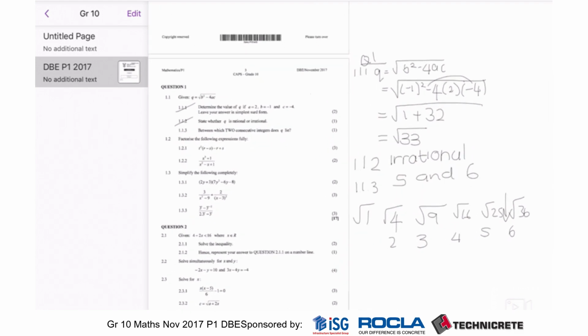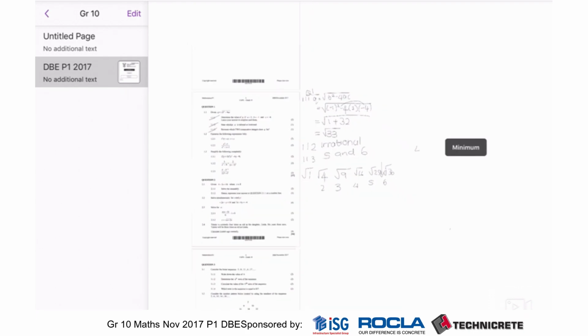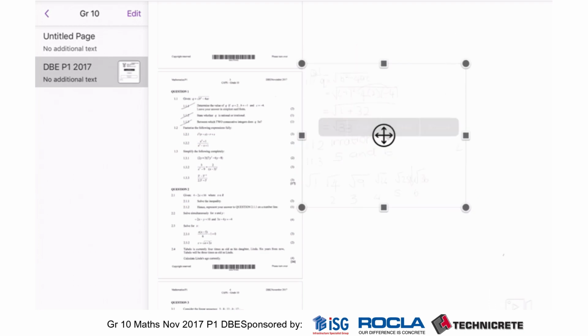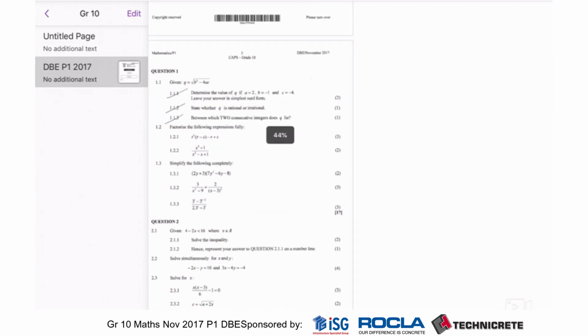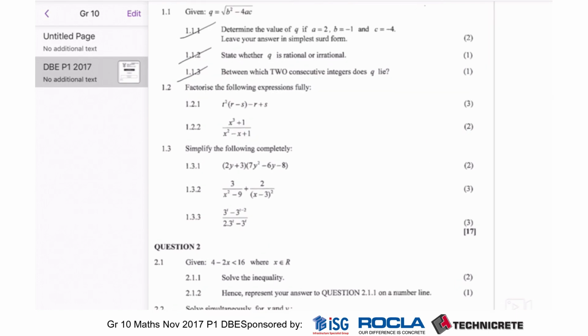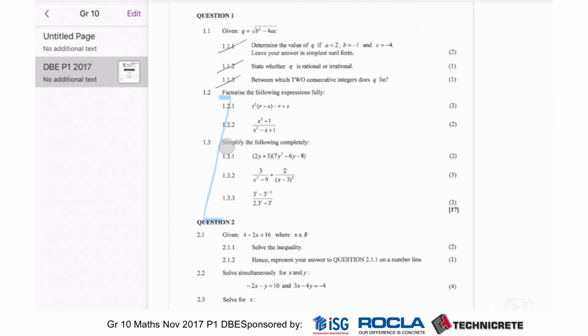I'm now going to erase the section and we're going to look at 1.2. The instruction is saying factorize. When we have an instruction that says factorize, we're doing the opposite of simplification.